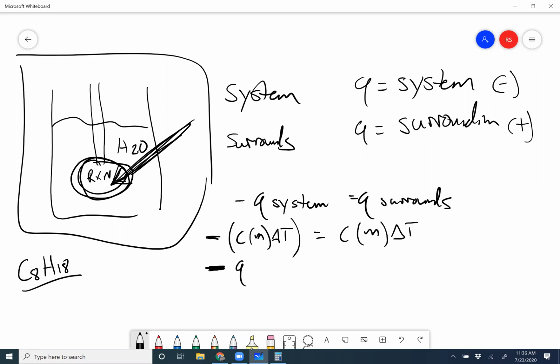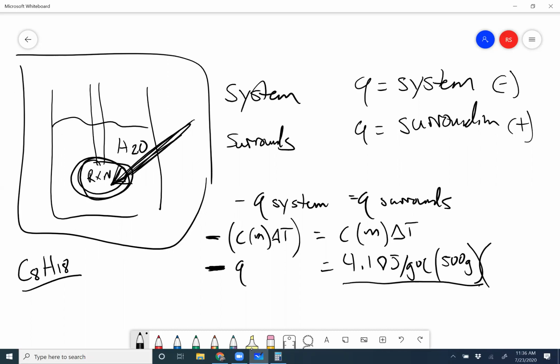So what we could do is monitor the temperature of the water, because that's 4.18 joules per gram degree C, because we know that. We could monitor the mass, say we had 500 grams of water in there. And we could look at the temperature change that occurs in the water, because the positive value of this is equal to the negative value of that. And so that would tell us how much energy was released in this reaction.